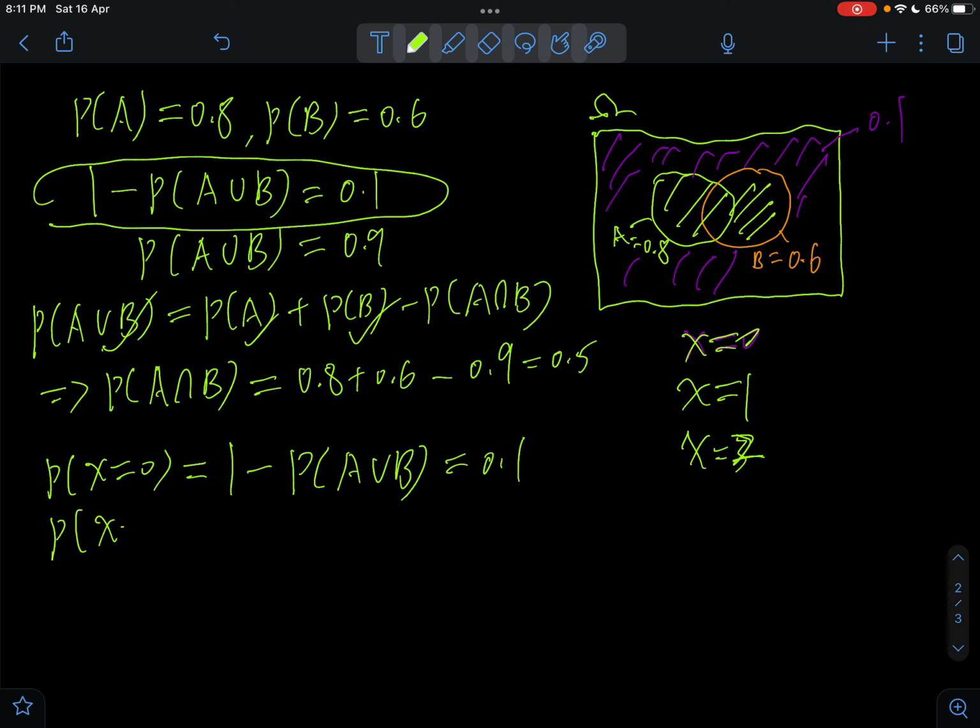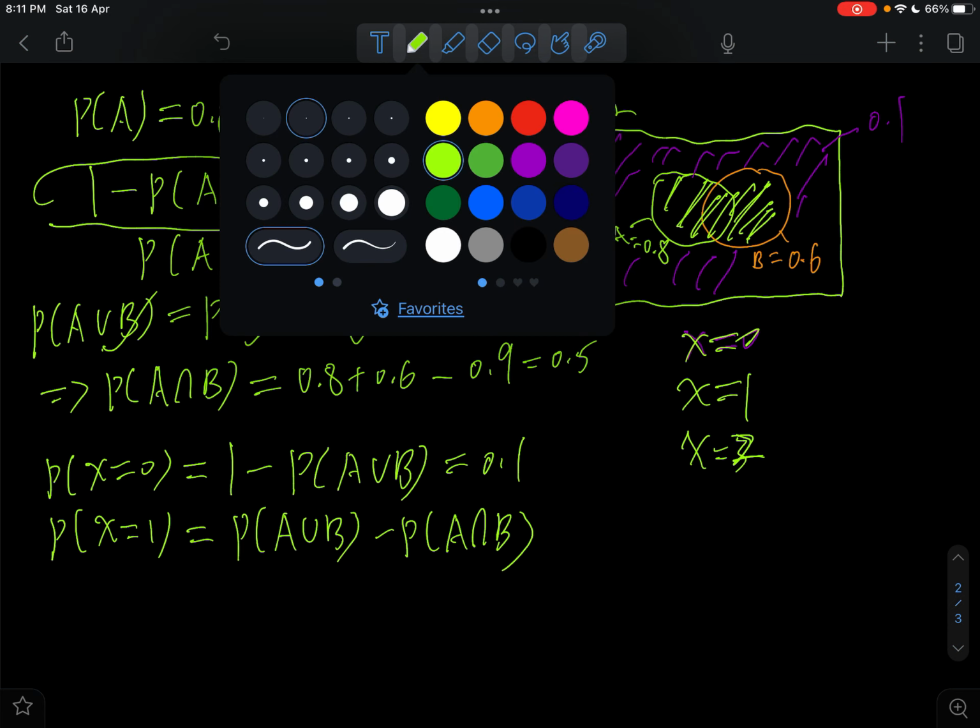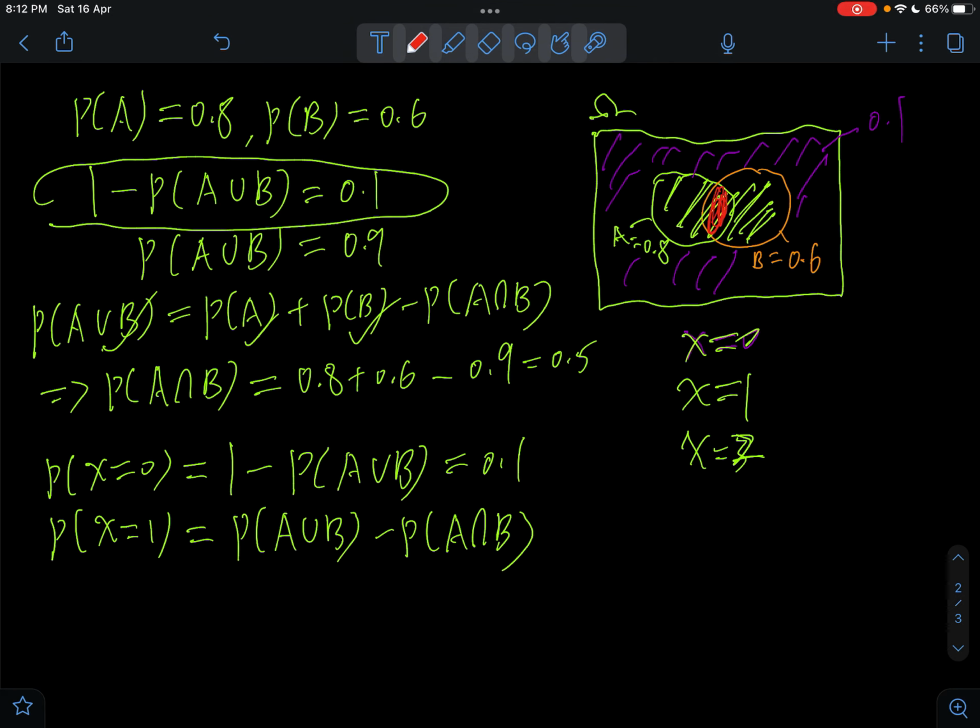When X equals 1, it basically means that the student only brings one device, which is the probability of A union B minus the probability of A intersect B. So you will see A union B is this green area, and we want to minus the red area here, which represents the students bringing both, and then the result will be the students only bringing one device.